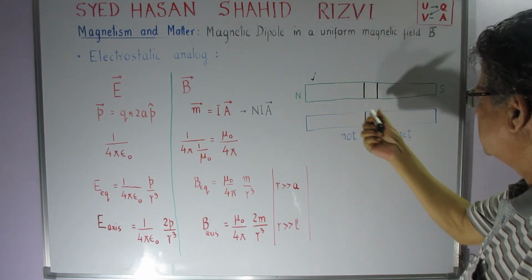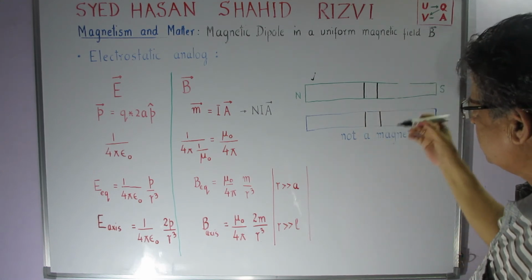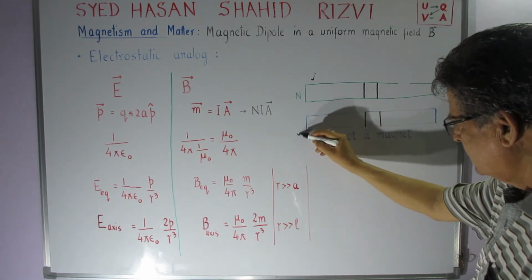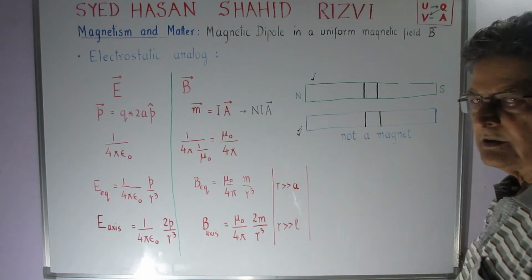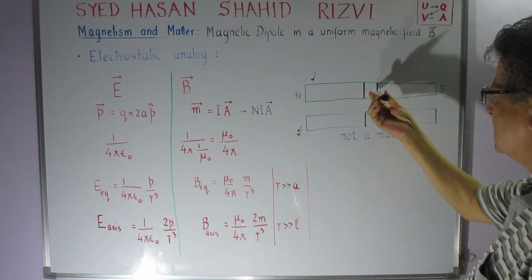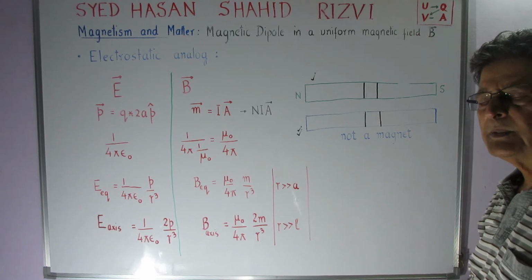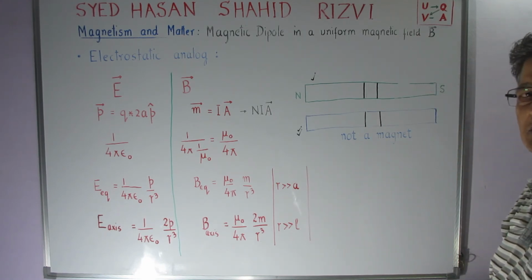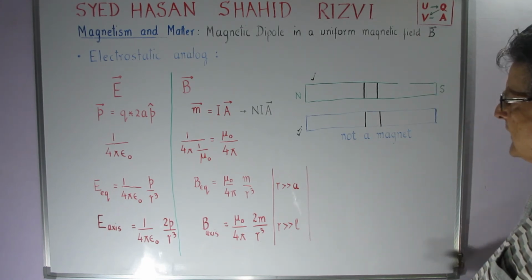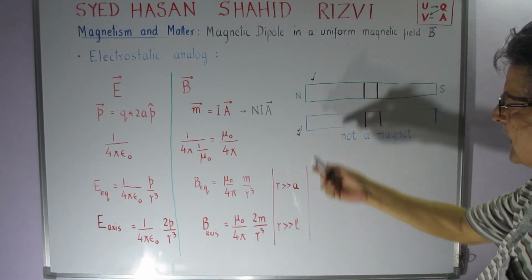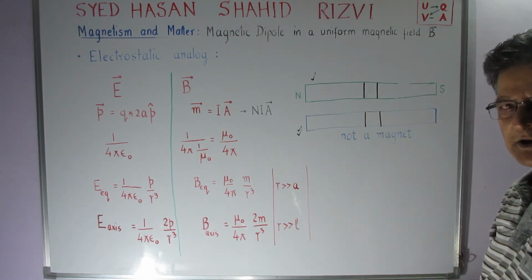But if I pick this one, double tick, and bring it over here, then the attraction will be feeble enough so that you can say in one go that the bar in my hand is not a magnet.